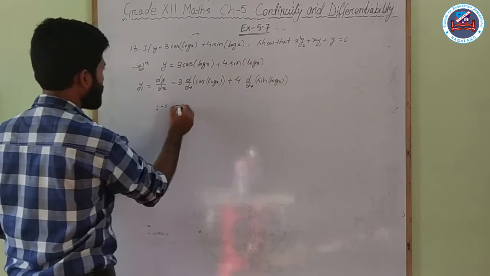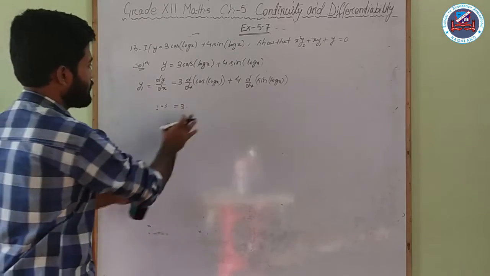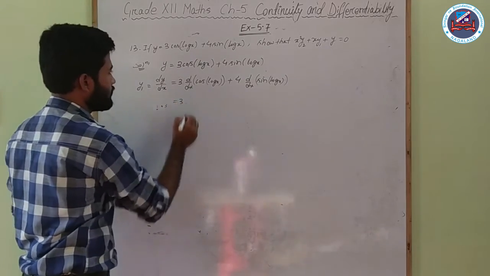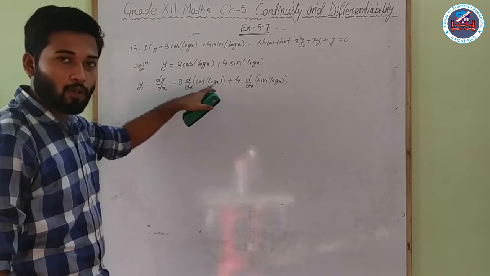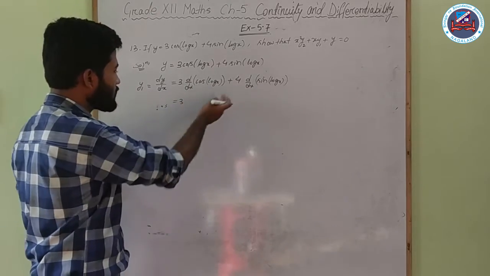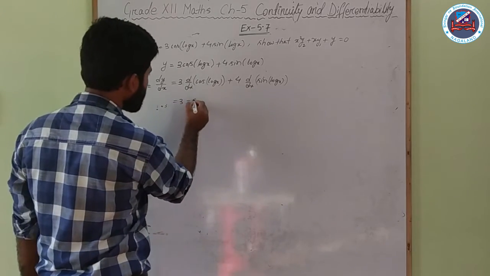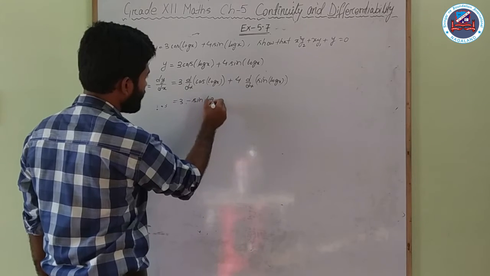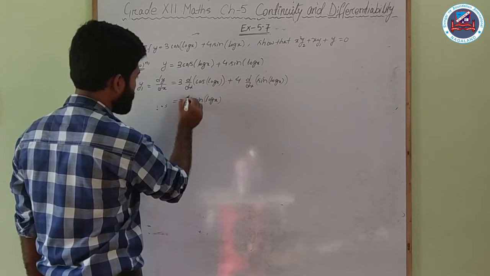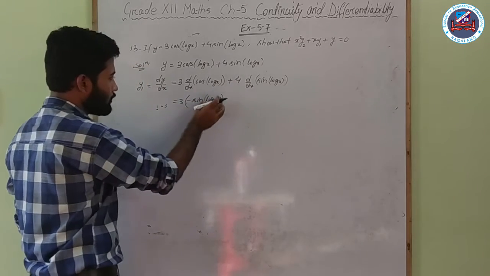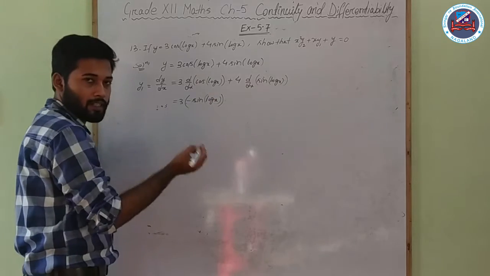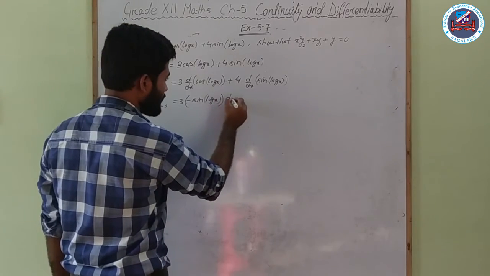Fine. Now what is this? Here consider the log x as x. So d/dx of cos x will be minus sine log x. So put it under bracket. Now this log x is not exactly the x, isn't it? So we need to differentiate it again.